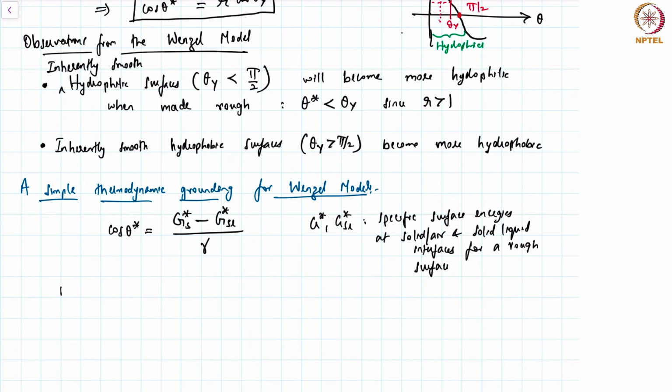Now we can also define two new quantities, that is GS and GSL. These are specific surface energies for a smooth surface.